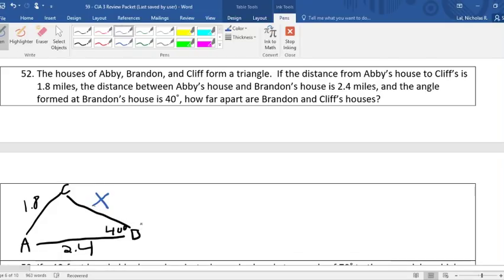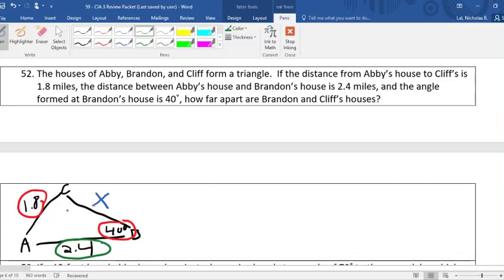Alright, so we've drawn our triangle, and what we need to do is investigate how we can find our different values. So we have a side and the angle opposite of it, and then another side, and we need to find the remaining side.